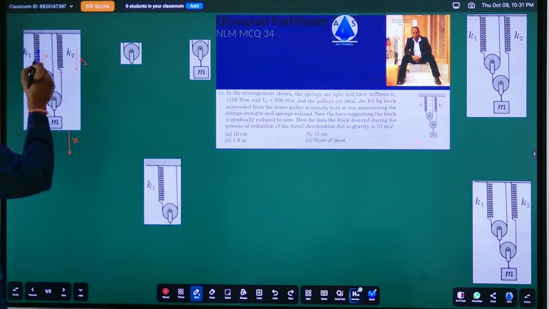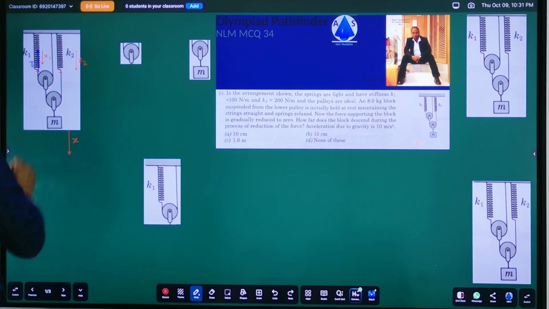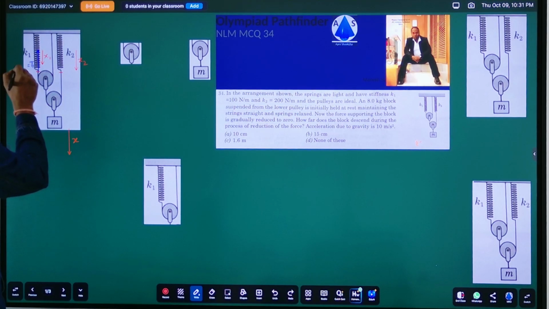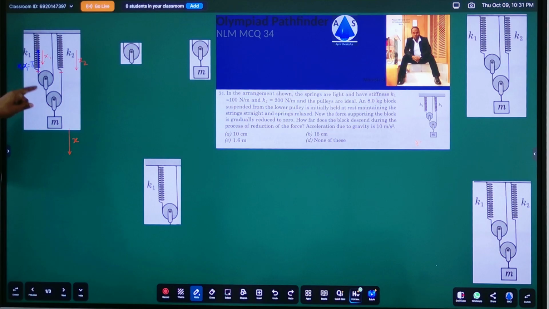If we say this as T1, so T1 will be equal to K1 X1 in string 1.